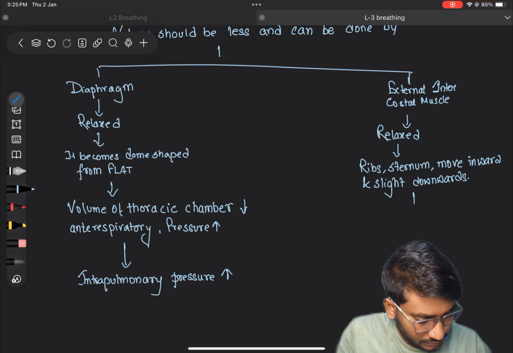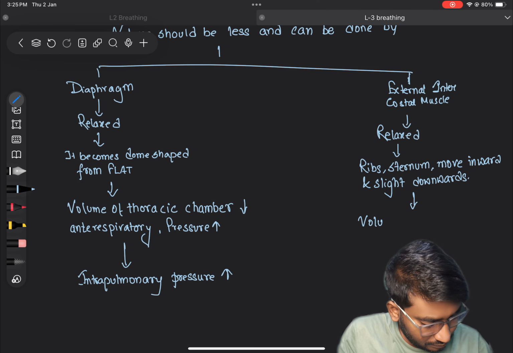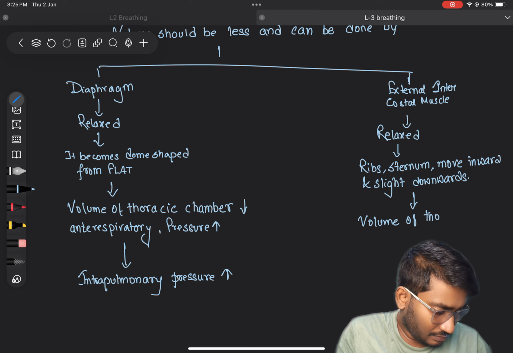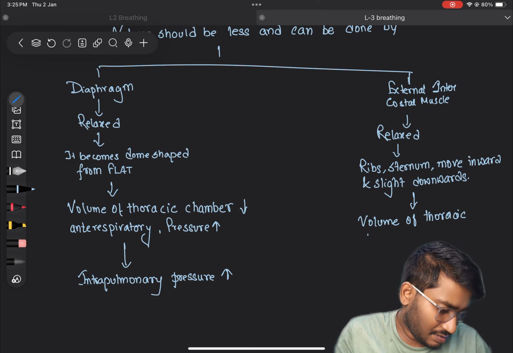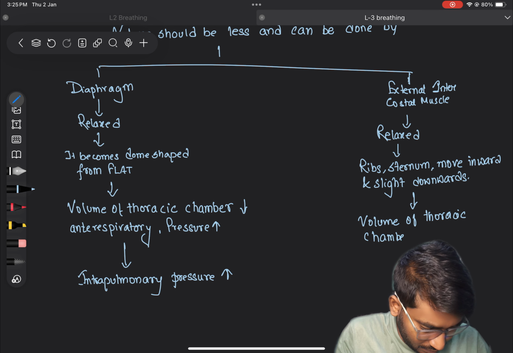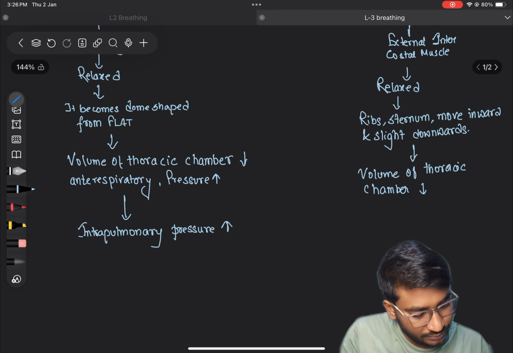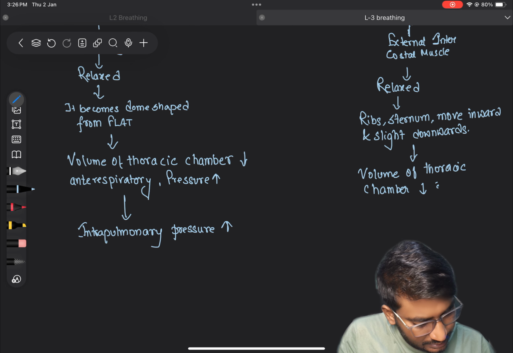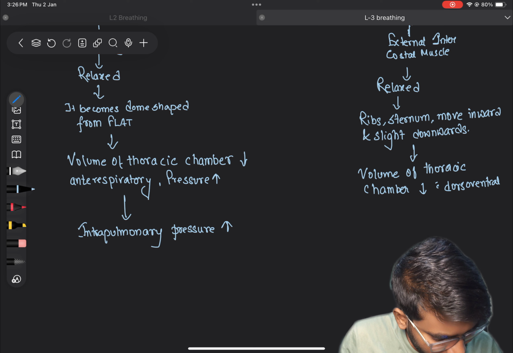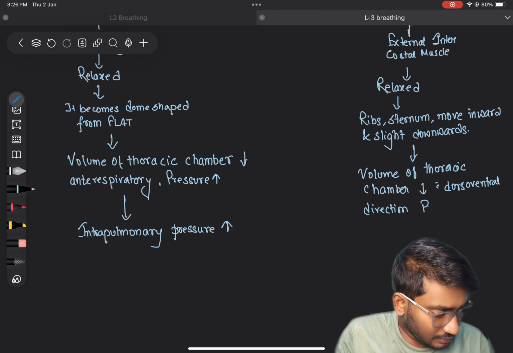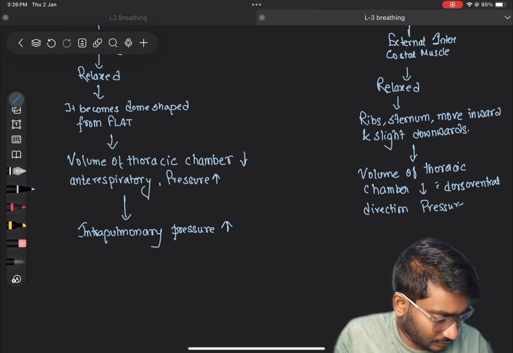So now the volume of the thoracic chamber decreases in the dorsoventral direction, and the pressure increases.